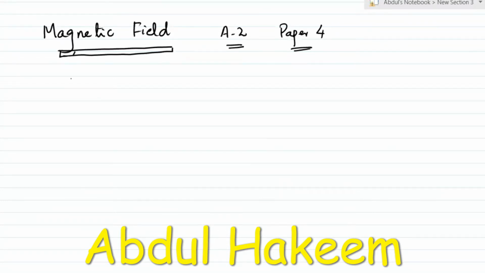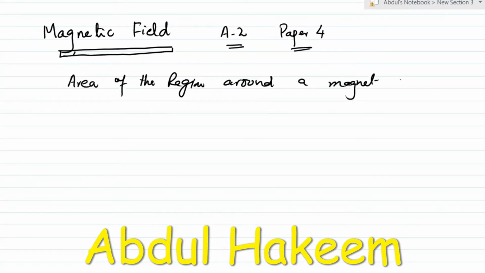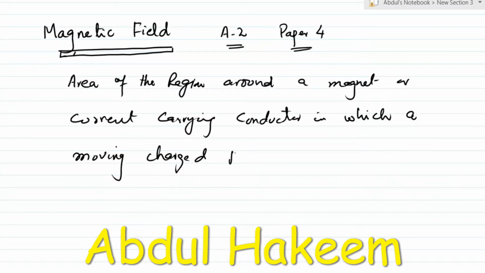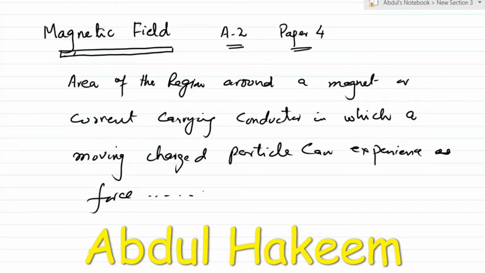Definition of the magnetic field is area of the region around a magnet or around a current carrying conductor, in which a moving charged particle can experience force, is called magnetic field.